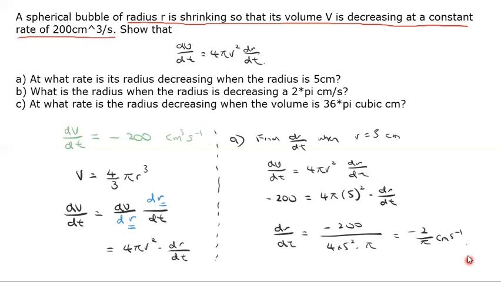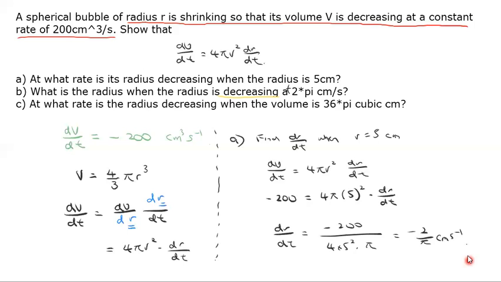All right. So B, what is the radius when the radius is decreasing at 2 pi centimeters per second? What is B asking for? Find r when dr/dt equals negative 2 pi.